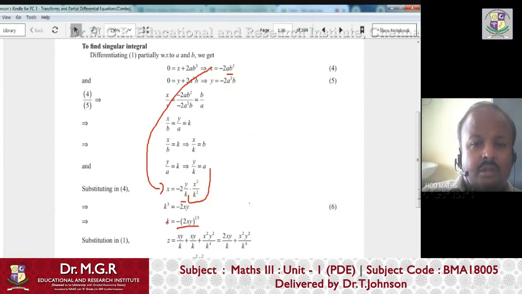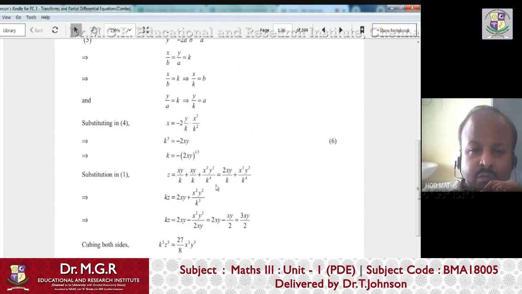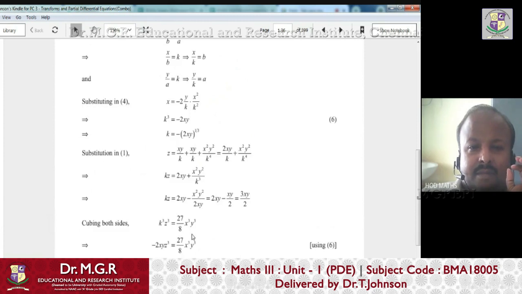Now what you have to do is substitute that k value here. Then you can write a in terms of x and y, and b in terms of x and y. So here you substitute, or you can do some more simplification, then also you can substitute. But the best thing is you can substitute here itself: x by the k value is this, and y by the k value is this.